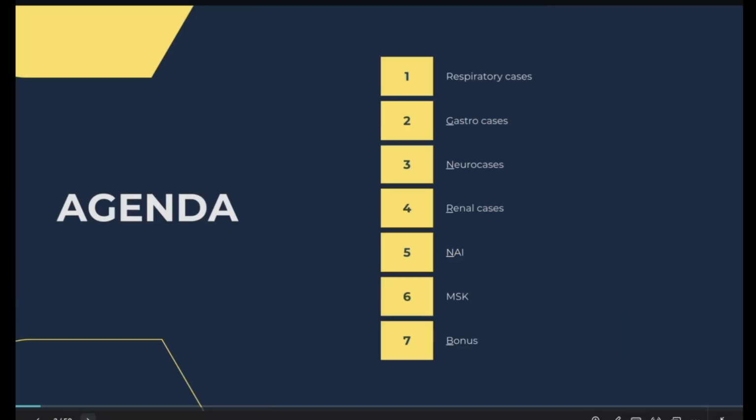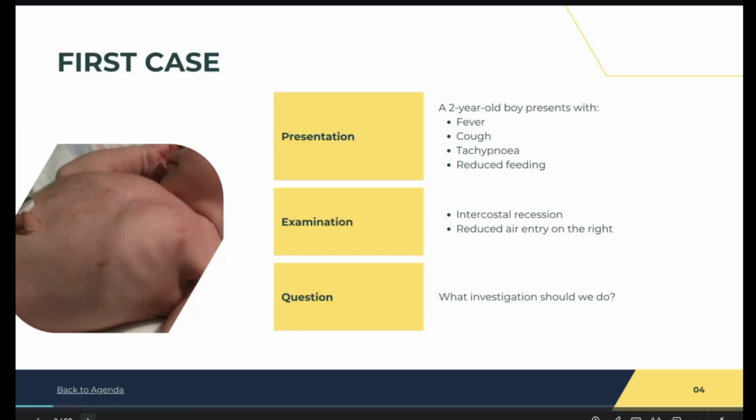So we're going to go through a series of cases from respiratory, GI, neuro, renal, and non-accidental injuries and MSK as well. So this is our first case. There's a child who presents with fever, cough, tachypnea, and reduced feeding.